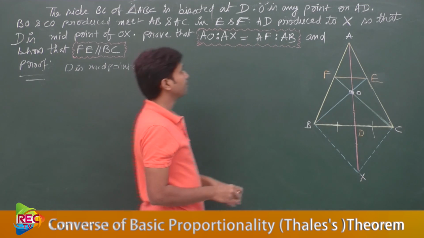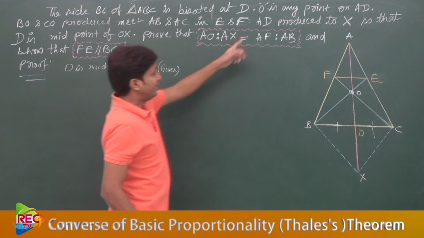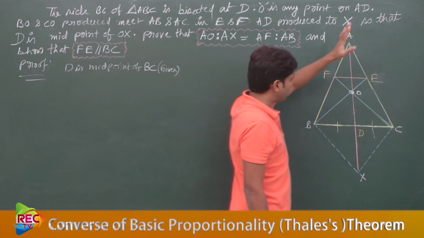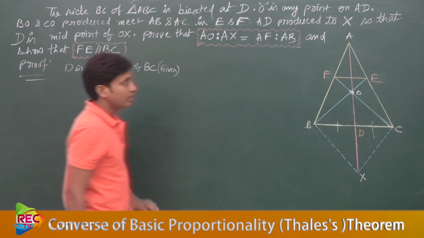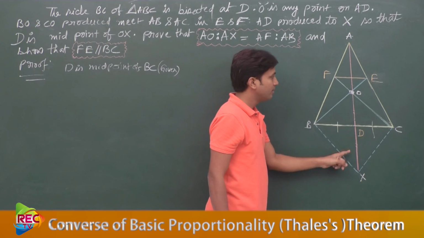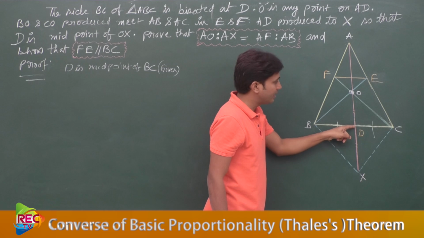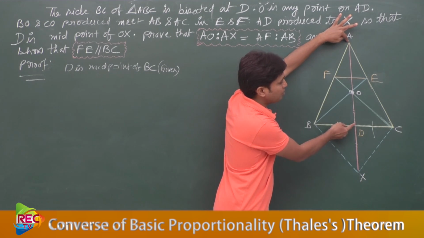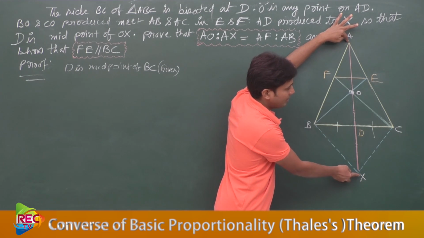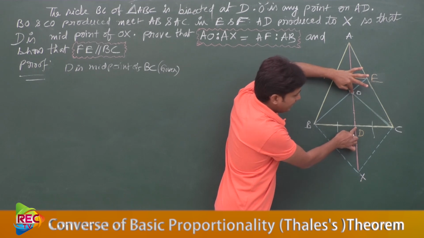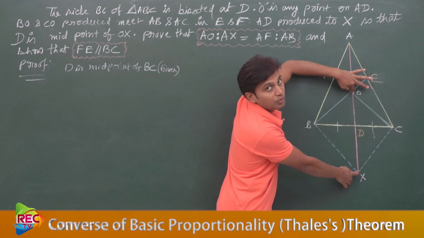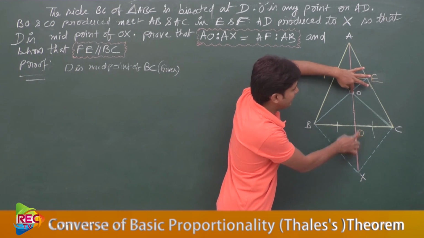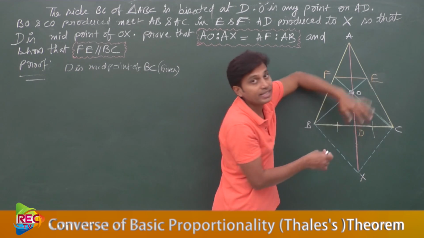This is what is given. Next, AD is produced to X so that D is midpoint of OX. Now see this red color line. This AD is up to here. This AD is produced to X, in such a way that D is a midpoint of OX. For this OX, D remains midpoint again.